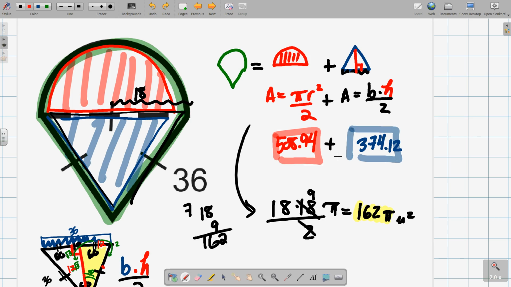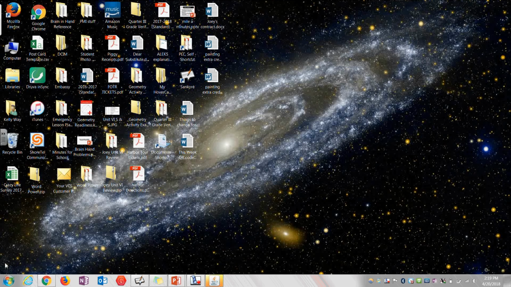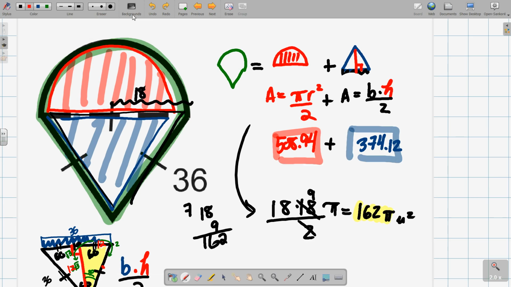And then you simply add up composite shapes. So I have 508.94 plus 374.12. And we got 883.06 as your total composite area.